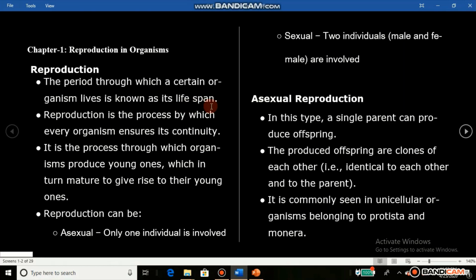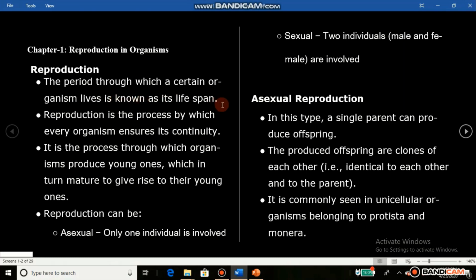Lifespan means when an organism comes on earth, it has a limited life. Some organisms' life is about 30 years, 40 years, like that. So it is written: the period through which a certain organism lives is known as its lifespan.